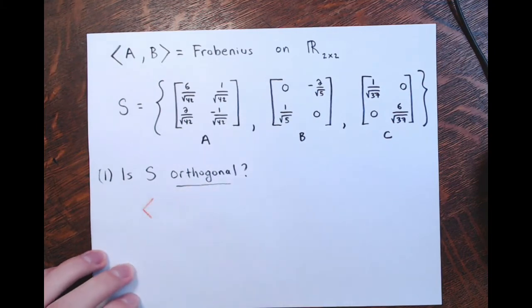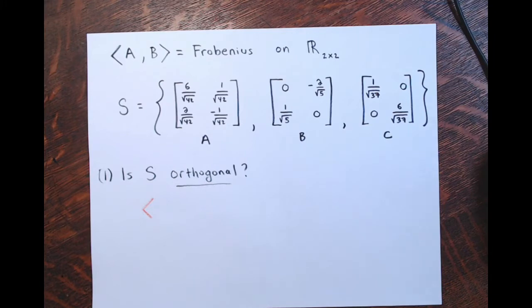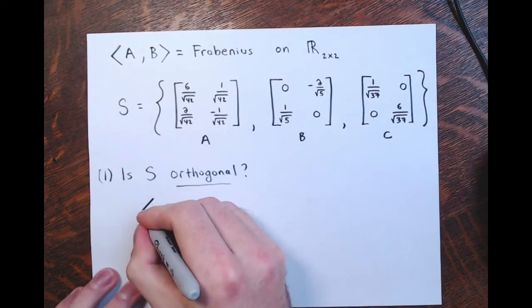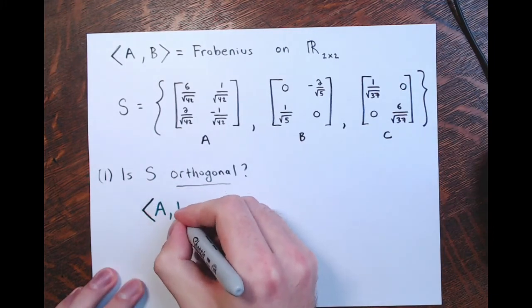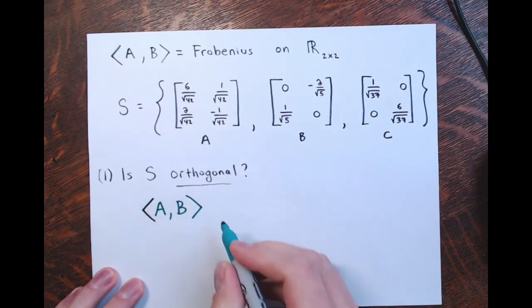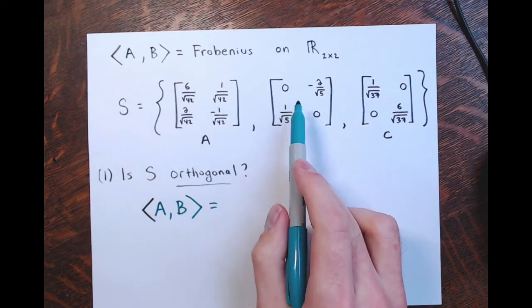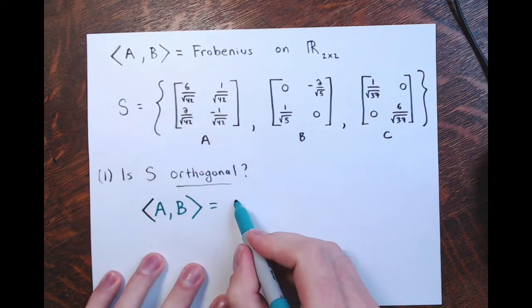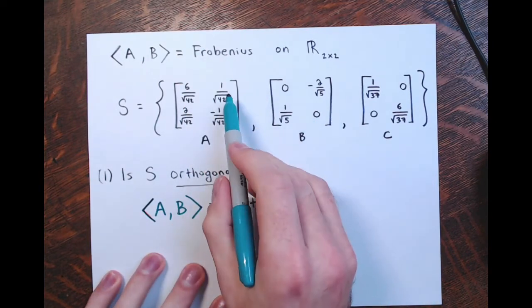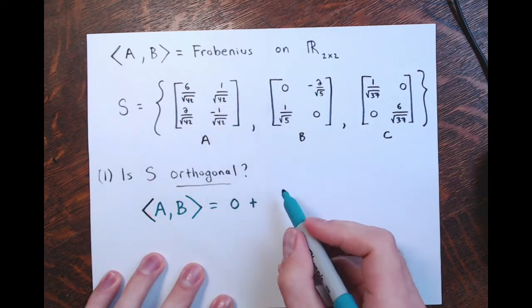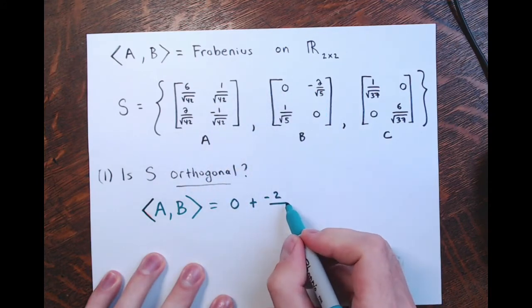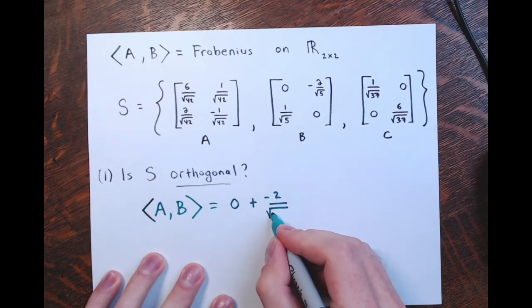So one is I'll check the inner product of A with B. So the inner product of A with B, and doing Frobenius here, well, this is A, this is B, that'd be 0 plus then a negative 2 over the square root of 210.